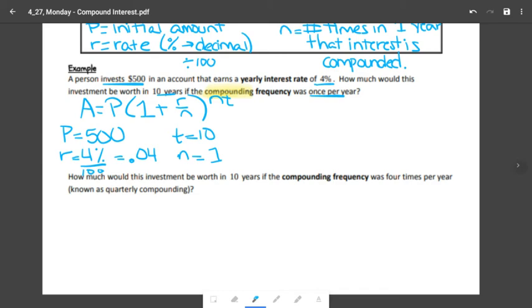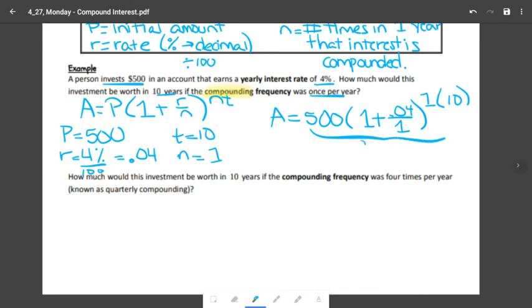So we're going to take all this information down here and just plug it into the formula. Fill in the P that we have, the R, the N, and the T. You're going to take that whole thing and plug it straight into your calculator.